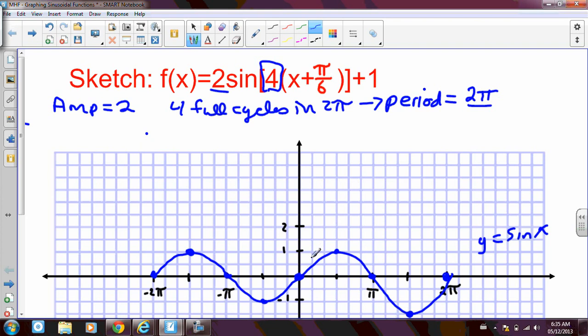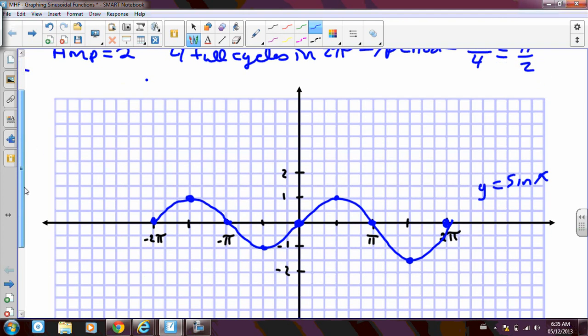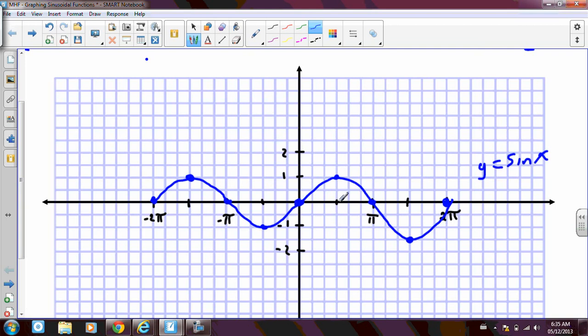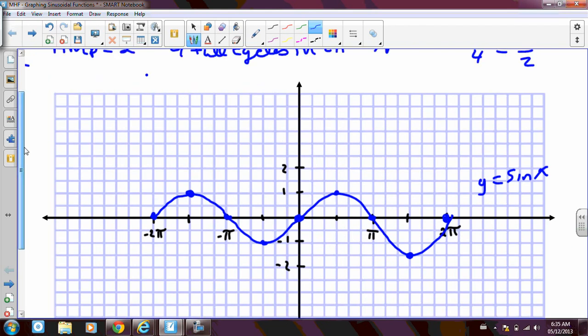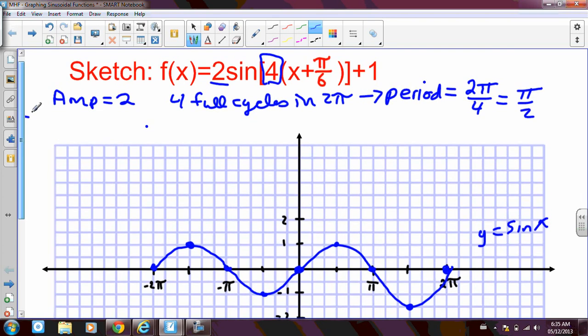Now that 2 pi area is going to be split into 4 full cycles, which means pi over 2. And so in this little tiny section from 0 to pi over 2, I'm going to have a full up, down, back up to the 0. So we'll put that in momentarily.